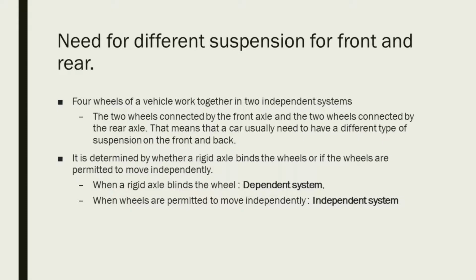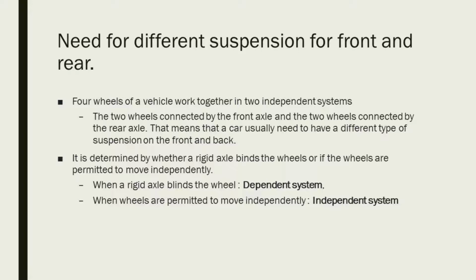Now we will talk about the need of different suspension for front and rear wheel. Why don't we just use a single system for front and rear wheels both together? So normally four wheels of a vehicle work together in two independent systems. The two wheels connected by the front axle and the two wheels connected by the rear axle. That means that a car usually needs to have a different kind of suspension system on the front and the back.